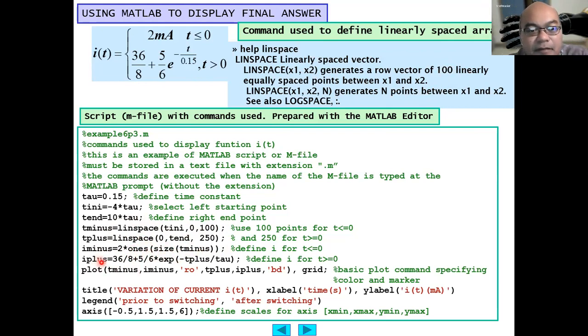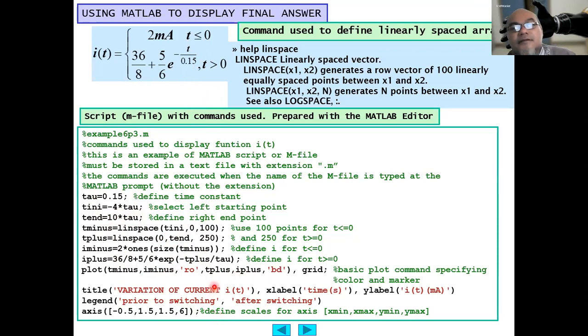The i plus is from this formula, 36/8 plus 5/6 times exponent minus t plus over tau, where t plus goes from 0 until 10 times tau, when we consider that the error between the value and the steady state value is very small already. Then plot from t minus until t plus. This is the plot of i minus, and then the plotting of i plus.